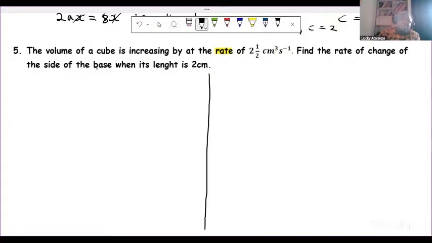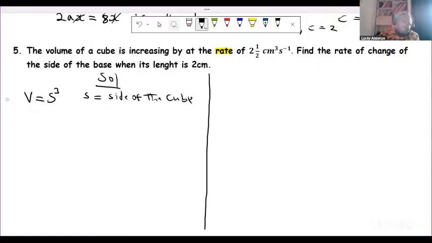So based on that, I'm going to generate a formula, and we know that the volume of a cube is the cube of the sides. So if the side is s, volume is s cubed, where our s is the side of the cube.